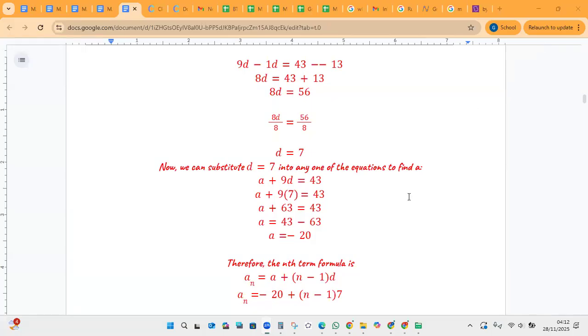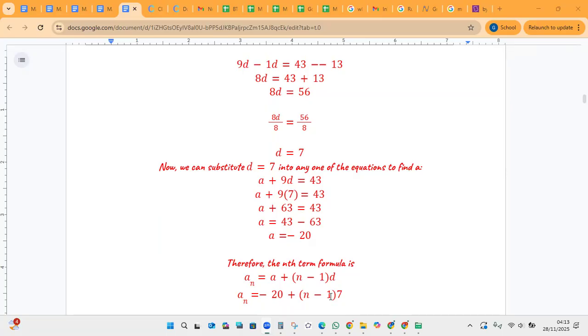Without the knowledge of a and d, this is how the formula looks: a sub n is equal to a plus n minus 1 times d. Here, we know the value of a is negative 20, and the value of d is 7. So we have a specific AP right now.